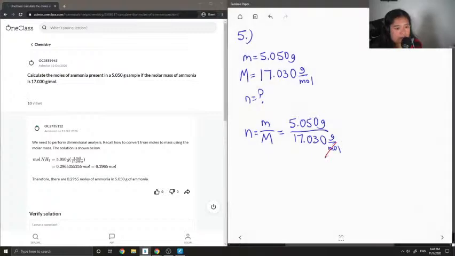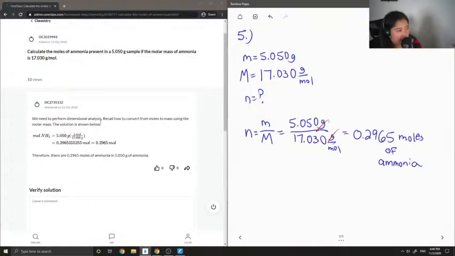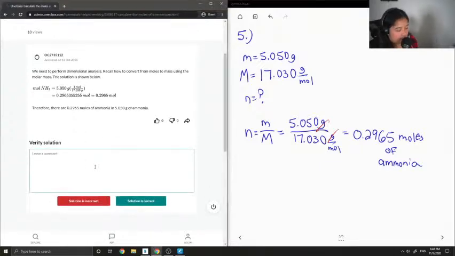Again, you'll see our units cancel out, and we are left with 0.2965 moles of ammonia. Let's see the answer from our junior tutor. We need to perform dimensional analysis. Recall how to convert from moles to mass using the molar mass. The solution is shown below. And this is correct.